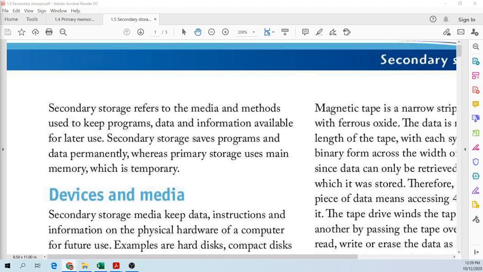Jamal? Okay then. Anaya, can you read for us?